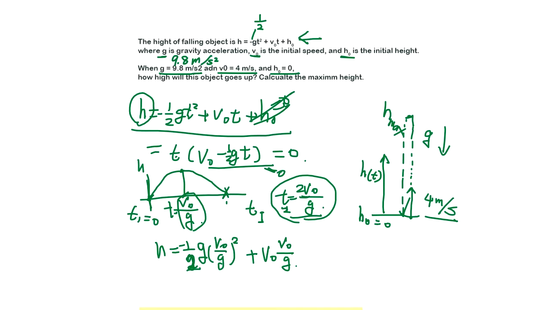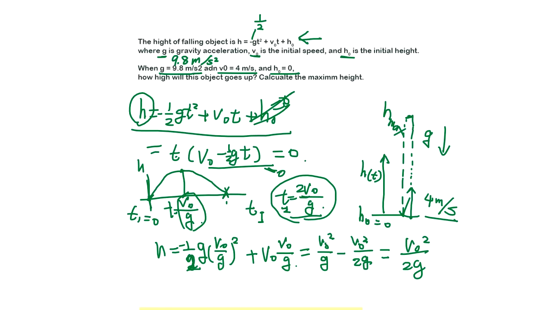And so it's going to be v0 squared over g minus v0 squared over 2g. It's going to be v0 squared over 2g.